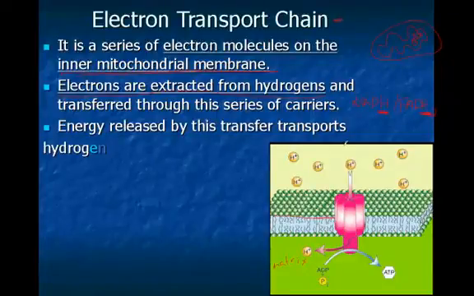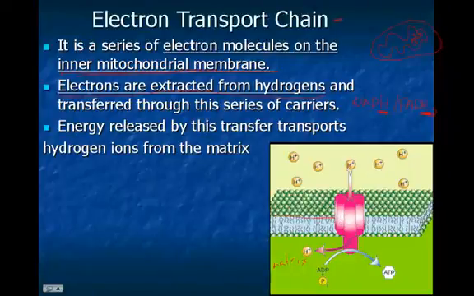And the energy that's going to be released by this transfer of electrons, as we dump those electrons from these hydrogen carriers, these hydrogen ions are then going to be transported across the membrane using the energy from the electrons that were taken from those hydrogens.